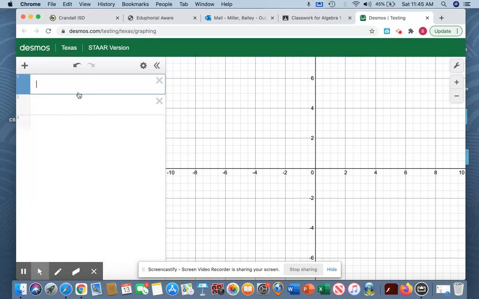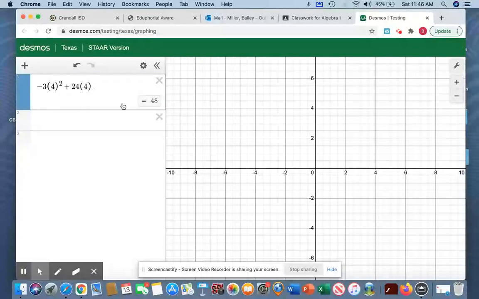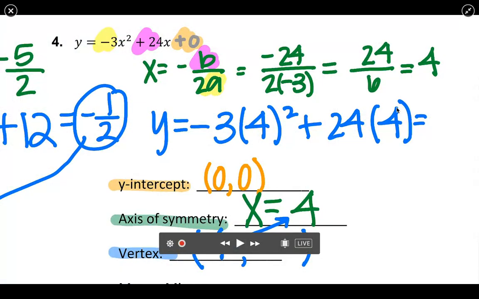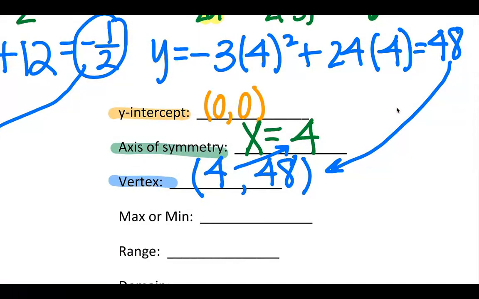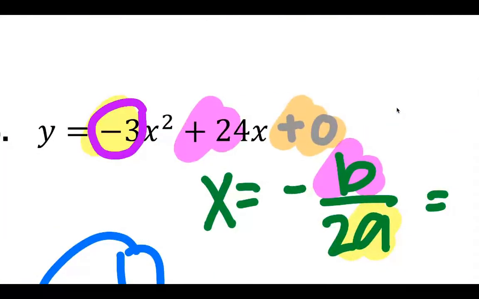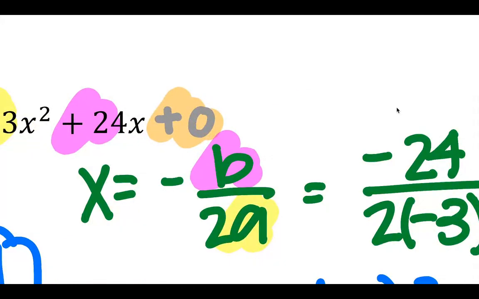And I've got negative 3 times 4 squared plus 24 times 4, which is 48. So the y value of my vertex is 48. So if I look if it's a max or a min, I'm looking over here at this a value. This time it's a negative 3, so I know that my parabola is facing downward.